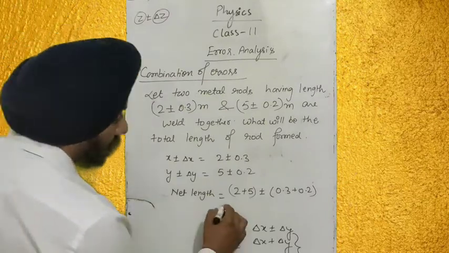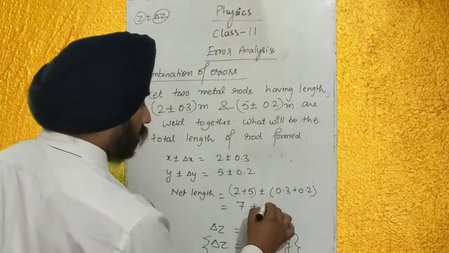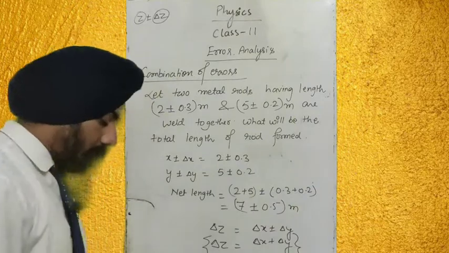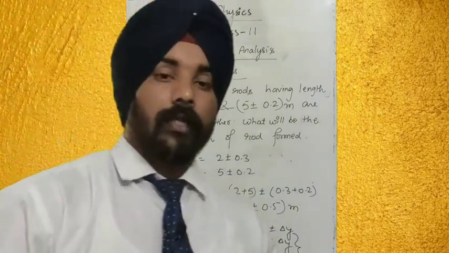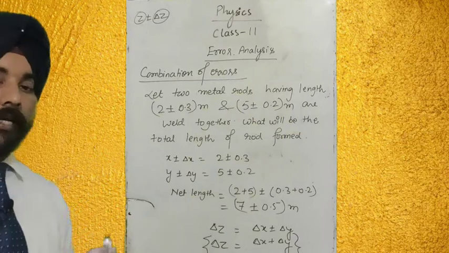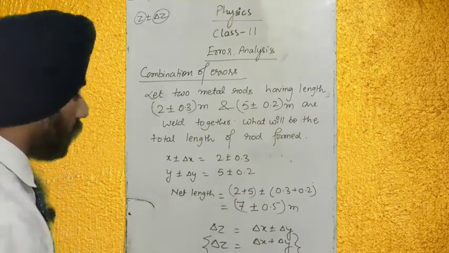So 2 plus 5 is 7, and plus minus 0.3 and 0.2 is 0.5. Clear to everybody? So this is the combination of error. When we are adding two quantities together, their errors are added together.